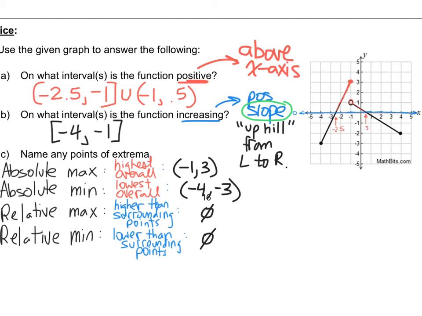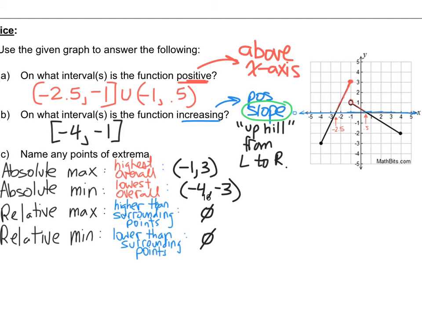So something like this would be a relative max because it's higher than the points to the left and also to the right. But if I have a graph like this, just a linear function, I can't call this a relative max, because even though it's higher than the points to its right, what points are there to the left?